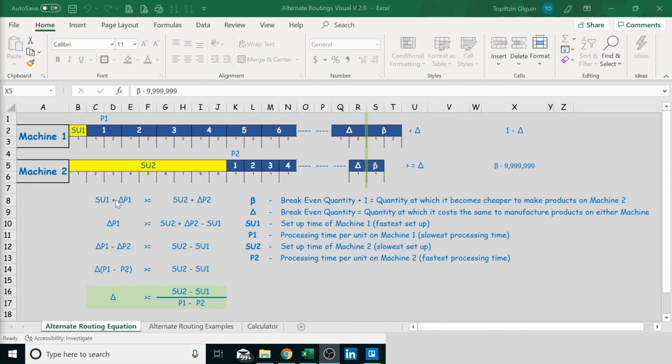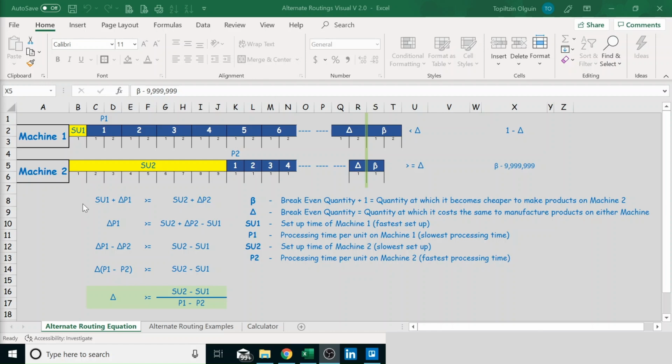So here's the equation, just quick straight up algebra. Setup time of machine 1 plus that break-even quantity times the processing time. This is going to give us all this time from 0, no setup, all the way to whatever that break-even quantity of pieces is.